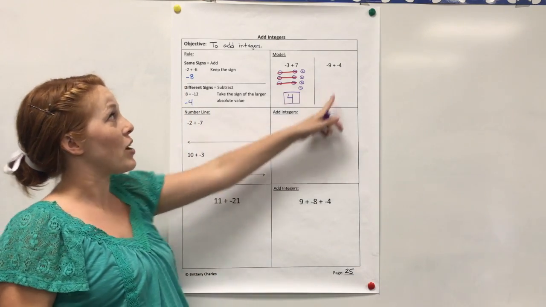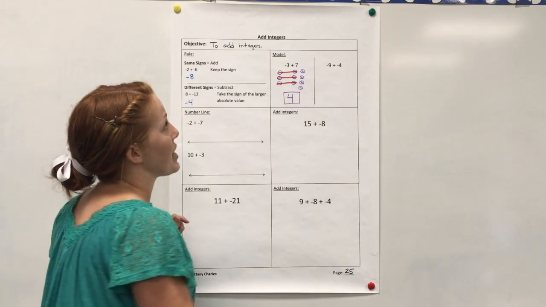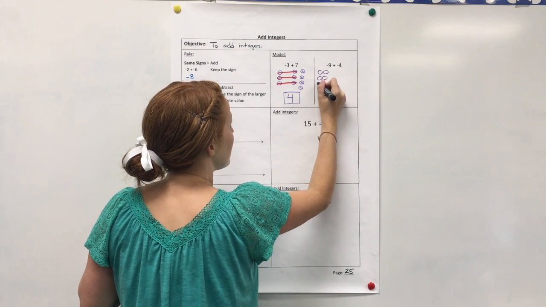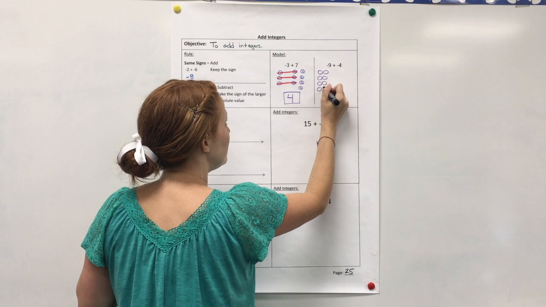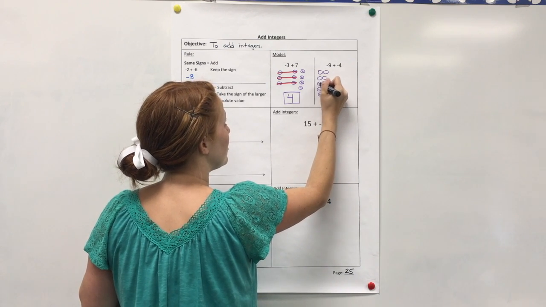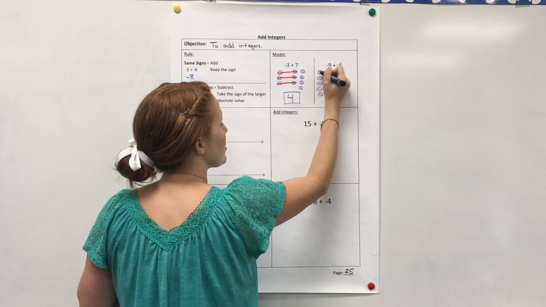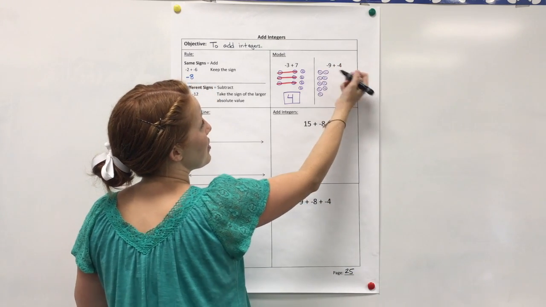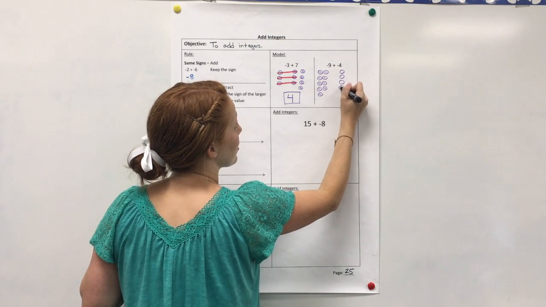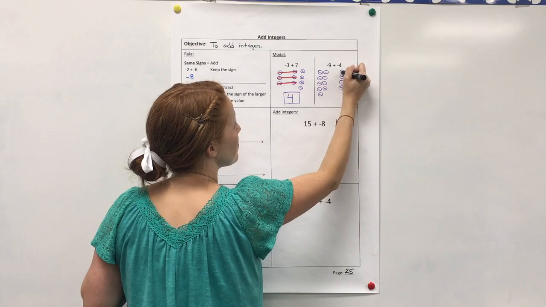Okay? Now let's try it with this one. I have negative 9. So 1, 2, 3, 4, 5, 6, 7, 8, 9. And don't forget to put the sign in the middle so you don't get them confused. Then I have negative 4. 1, 2, 3, 4. And again, these are negative.